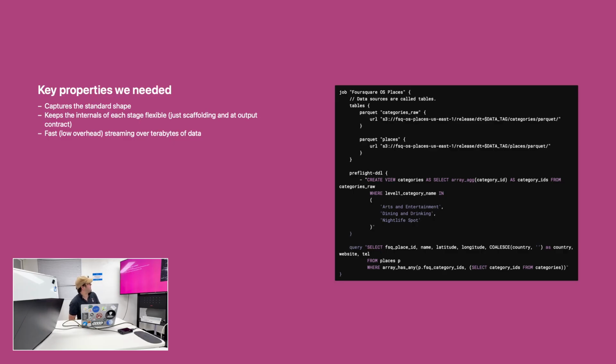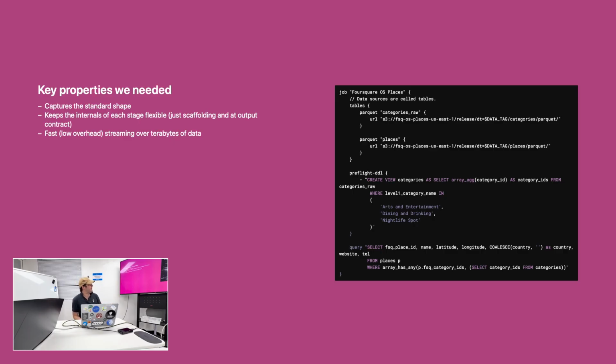I hope that's readable, but this is just an example for flavor. Very simplified. It defines 2 tables from Parquet files that are pulled from S3 URLs. That pre-flight DDL is the intermediate stage. So in this case, I'm taking in their categories raw, Parquet, and coming up with a filtered subset of it.